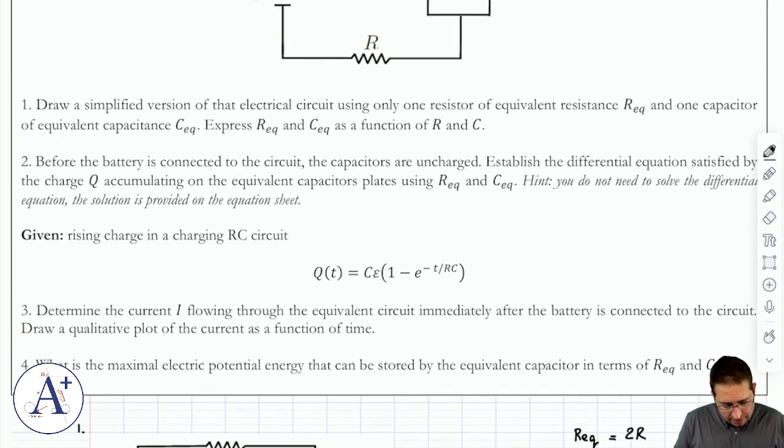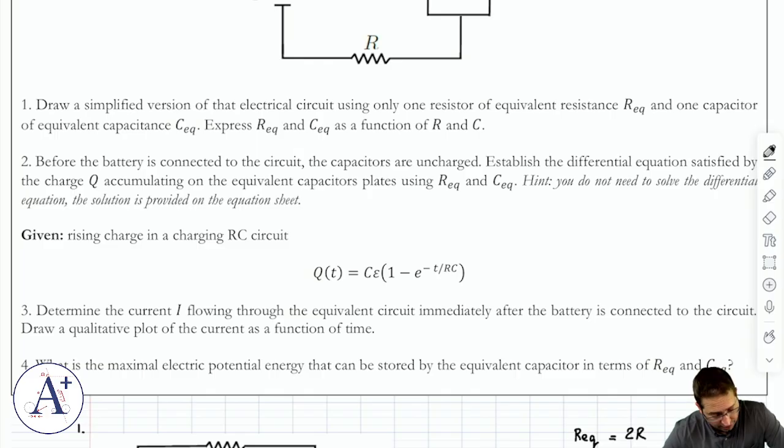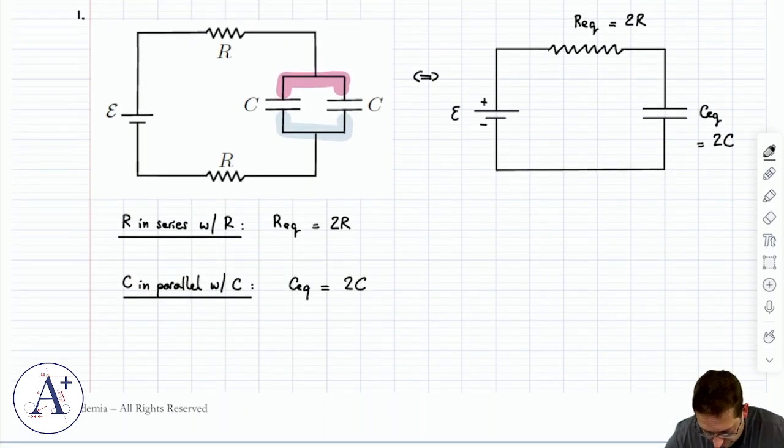Then we're told that before the battery is connected to the circuit, the capacitor is uncharged, and we will connect it to the circuit that has a battery to charge it. So we are going to have a charging RC circuit. Establish the differential equation satisfied by the charge Q accumulating on the equivalent capacitor plates using R equivalent and C equivalent. You do not need to solve. We will provide you with the solution. Fair enough.